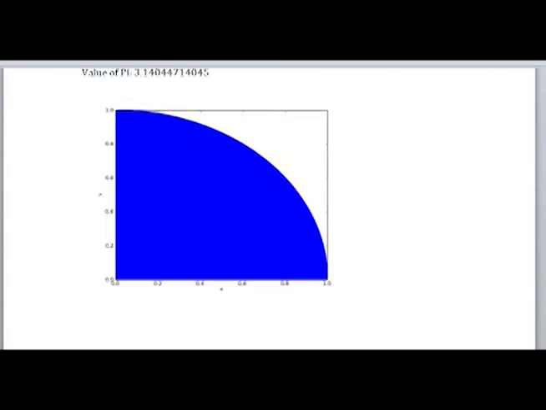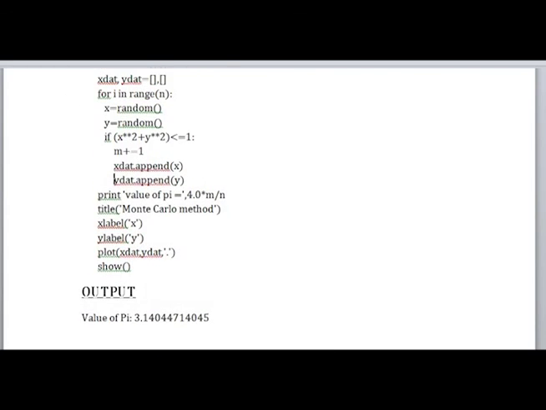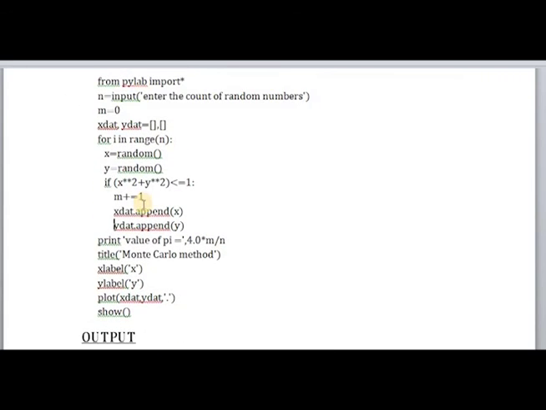To make the plot clear, for you to differentiate between the sector and the square, I have put all the values satisfying the condition that x square plus y square is less than or equal to 1. That is, all the points lying within the sector are only plotted.